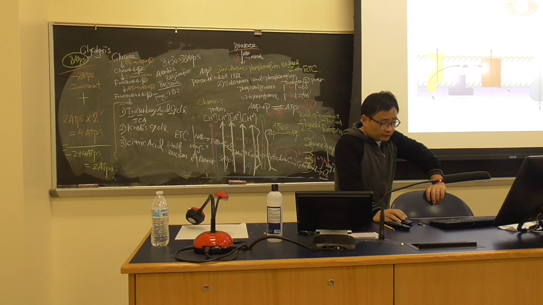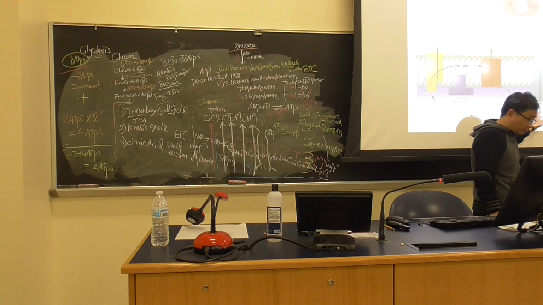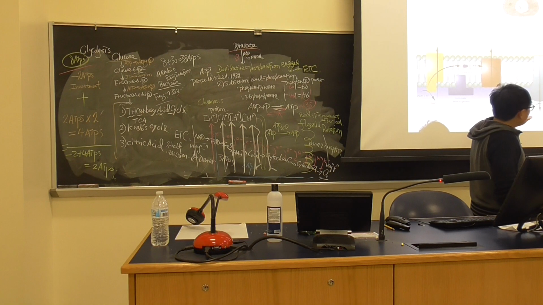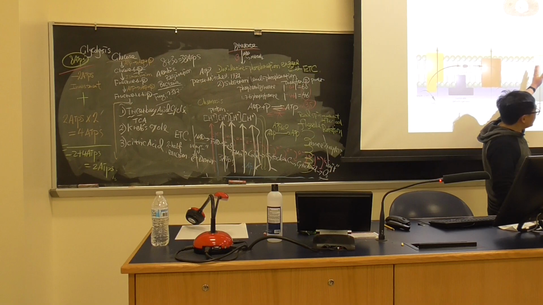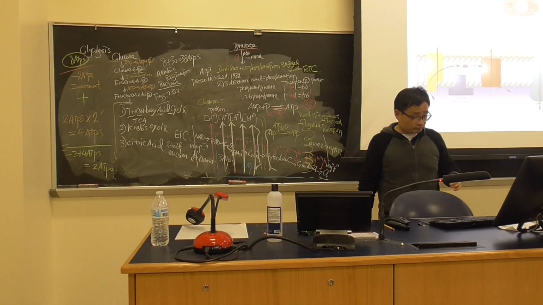So proton motive force will actually drive the proton to go back into the cell membrane system, go to the channel. The channel most of the time is composed by the protein. And it's very important that when they go back, they activate ATP synthesis.